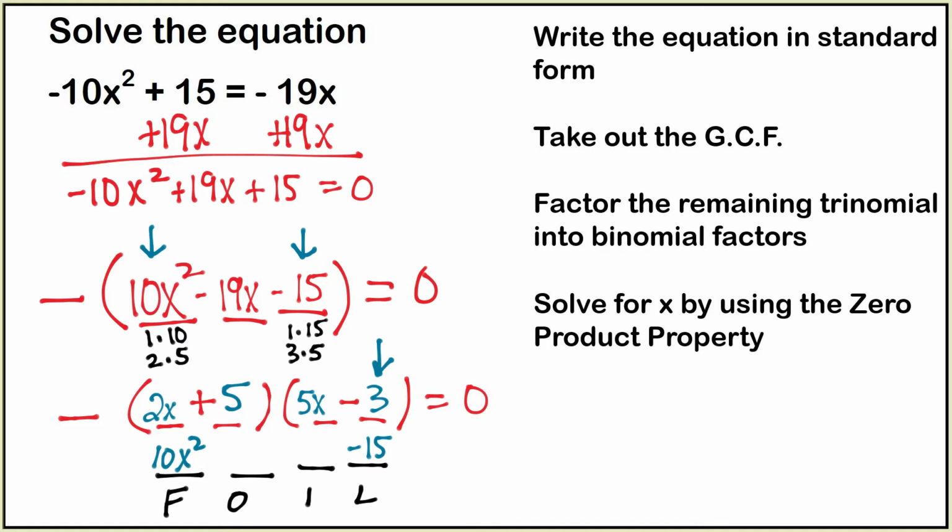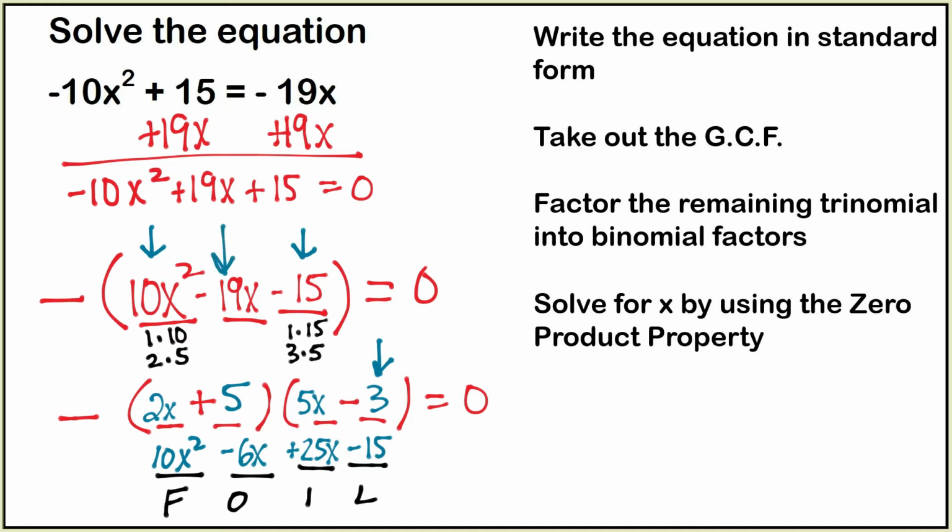So my outers are negative 6x and my inners are positive 25x. And when I put negative 6 together with positive 25, it's going to come out to positive 19. But what I want is a negative 19.